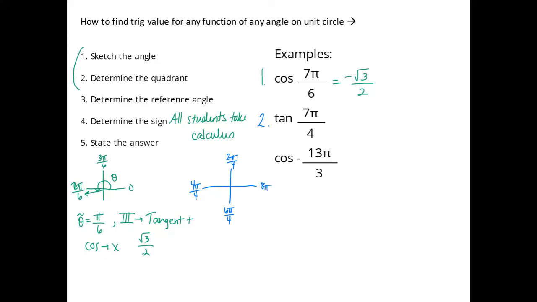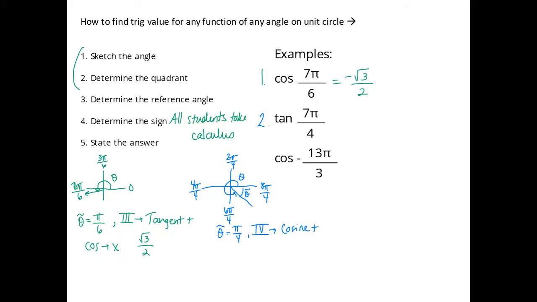This would be 8 pi over 4. So obviously 7 pi over 4 falls in that fourth quadrant. That's our angle theta. Baby theta, or our reference angle, is going to be pi over 4.